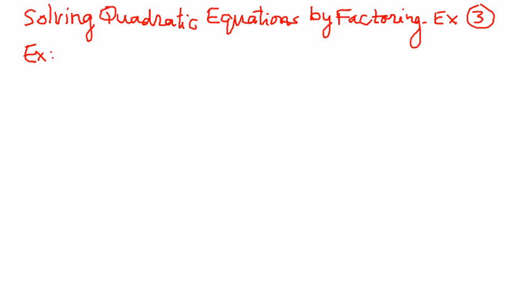Example: a to the power of 4. Let me write this a little more clearly. We want to solve this problem: a to the power of 4 minus 3a to the power of 3 minus a to the power of 2 plus 3a is equal to 0.